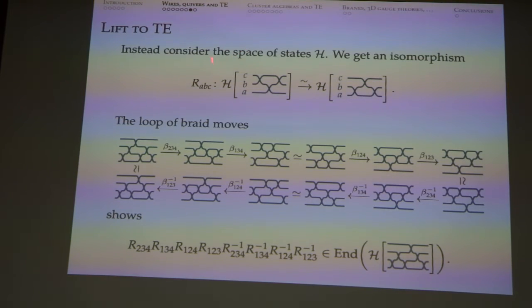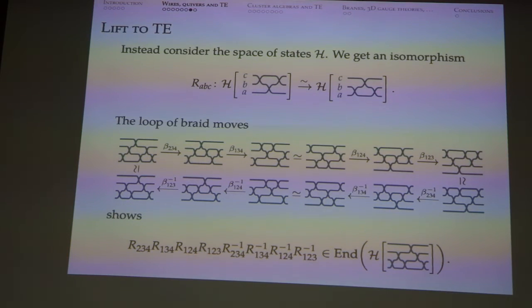So instead of calculating some quantity X, let's look at the space of states, like the Hilbert space of quantum mechanical states. Okay, so let's call it H. All right. Now I have a braid move which corresponds to dualities of the corresponding theories which are described by quivers assigned to these wiring diagrams. So on each theory you can consider the space of states.